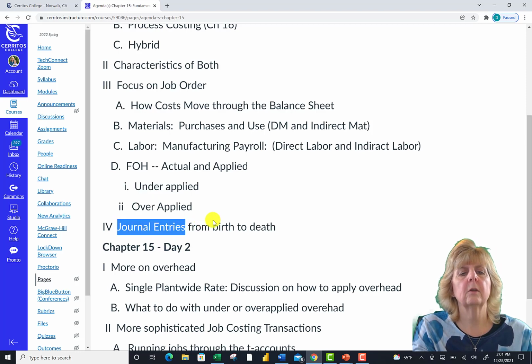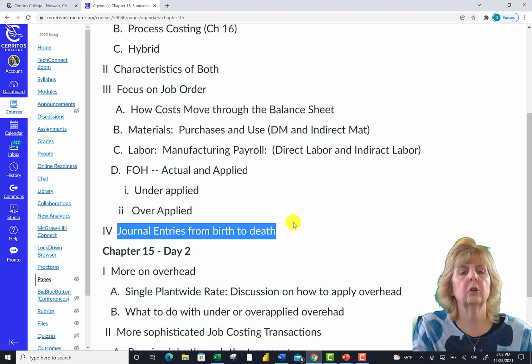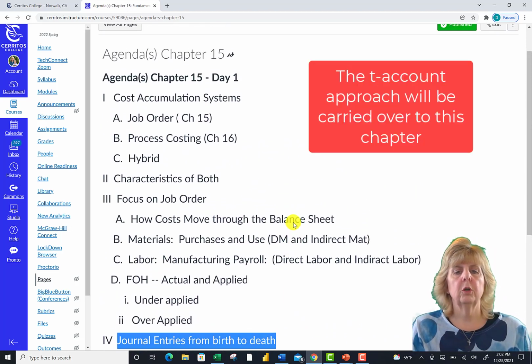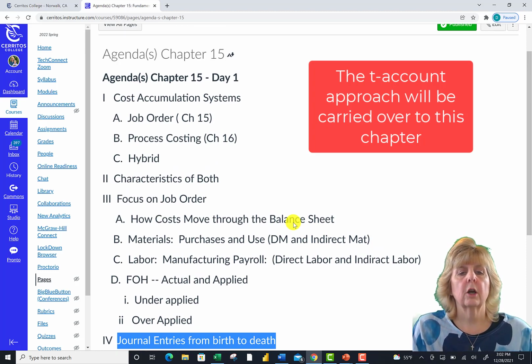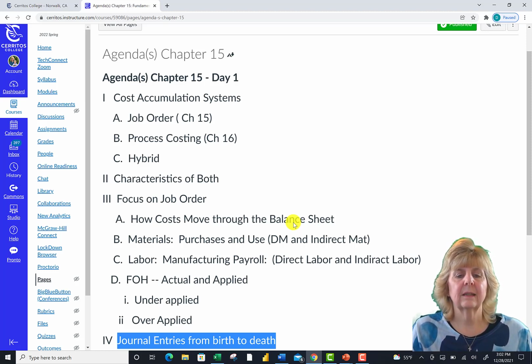And then finally, we'll tackle the journal entries from birth to death of a job. Again, the good news is if you took a look at this information in Chapter 14 and you spent the time talking about a T account approach, the journal entries for you are going to be much, much easier. Let's get started.